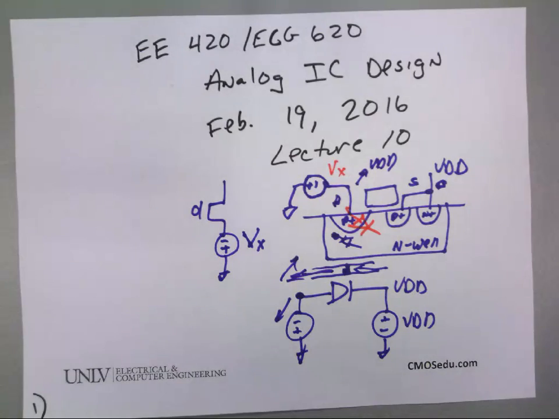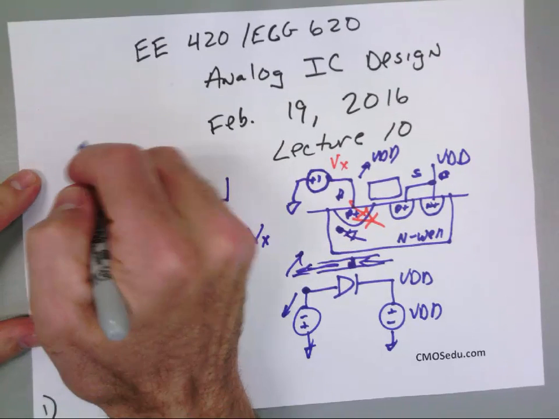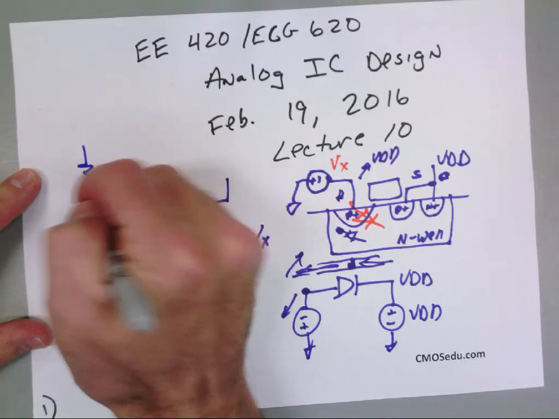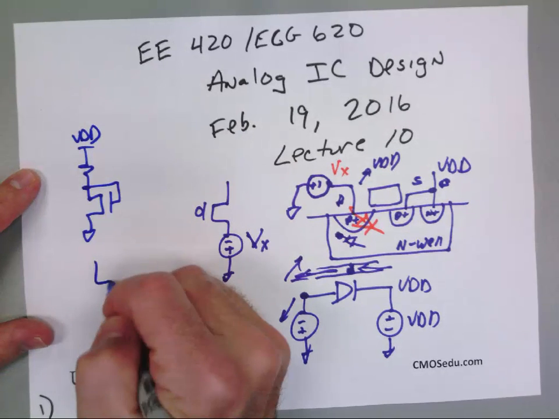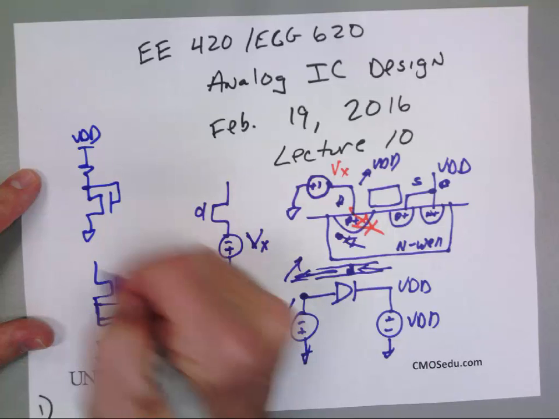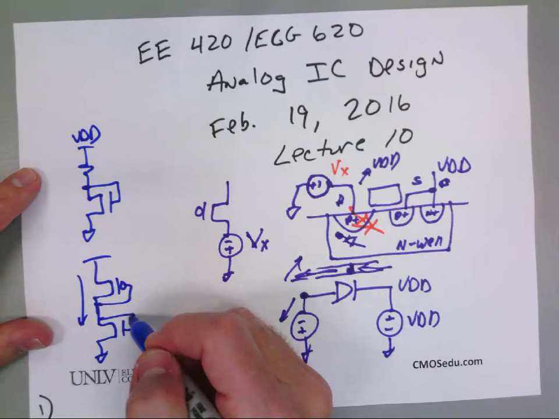Okay, so just to start, I want to go over the beta multiplier. On the quiz on Tuesday, it's going to be something, I haven't made it up yet, I'll make it up tonight or this weekend, where you calculate the current that flows, or maybe something like this, and you calculate the current that flows, and then you can mirror it off.